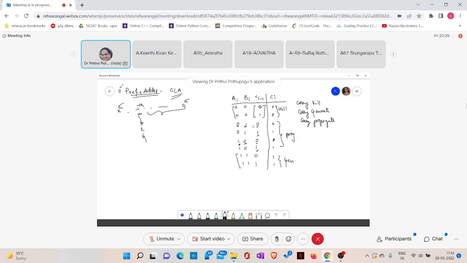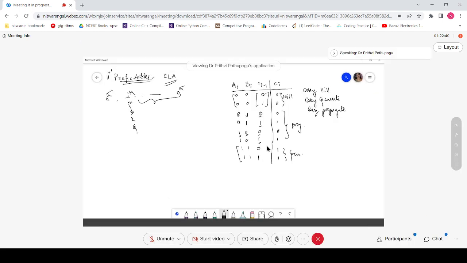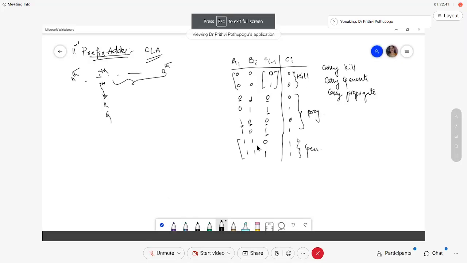Then the status of the carry value generated from the previous, i minus 1 stage, decides the value of your carry. So this is something like you're prefixing the value, or looking ahead at the value of the carry.